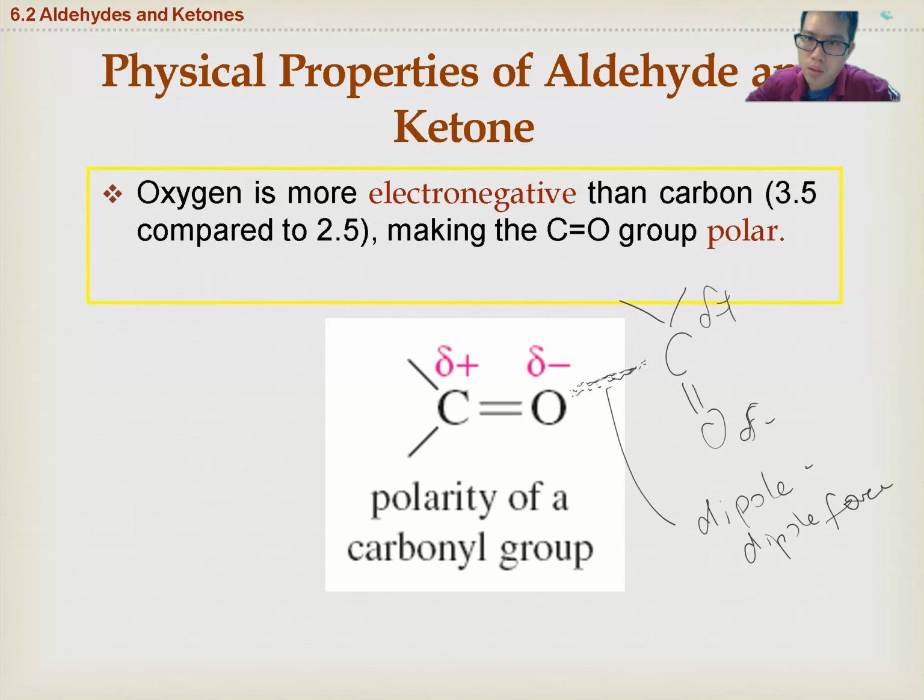Dipole force is strong, but not as strong as hydrogen bonding. You can see there's no H bonded to O or N and so forth, so this is not hydrogen bonding. This one is called dipole. The interaction is weaker compared to hydrogen bonding, but this dipole force is stronger compared to dispersion force.